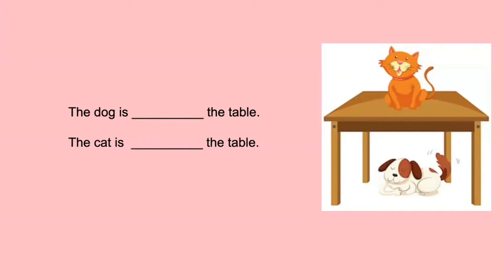So here we can say the dog is underneath the table, because a preposition is all about where the dog is located. Is it under? Is it beside? Is it on top of the table? You can see it from the picture. And then we have the cat is on the table. Again, the preposition in this example is all about the location of the objects and the people.